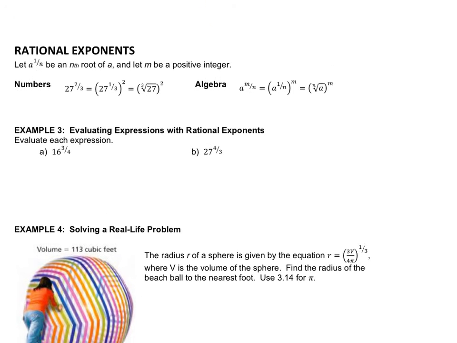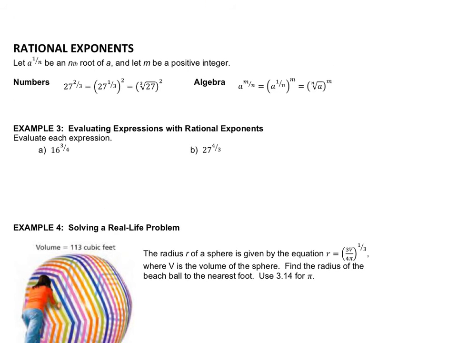So rational exponents. So what are we going to do if we have situations where now we don't just have a 1 in the numerator? Well, if you remember back to the power of a power, we're going to take something like this, 27 to the 2/3 power. We can break it down to be 27 to the 1/3 raised to the 2nd power.